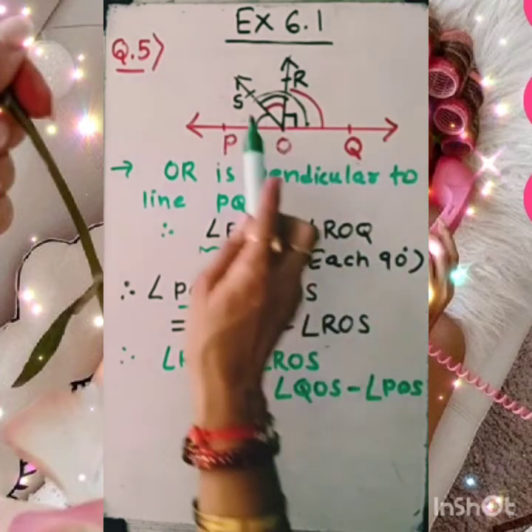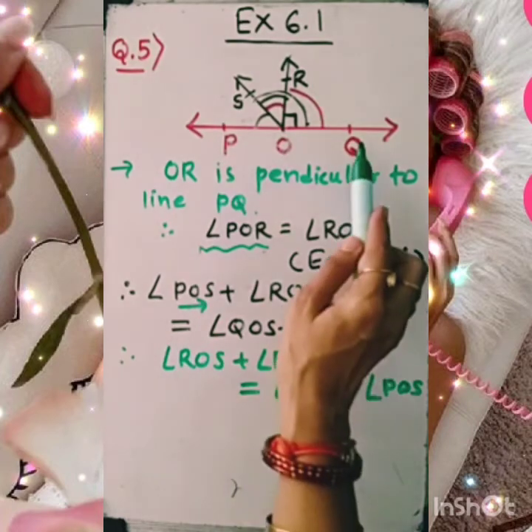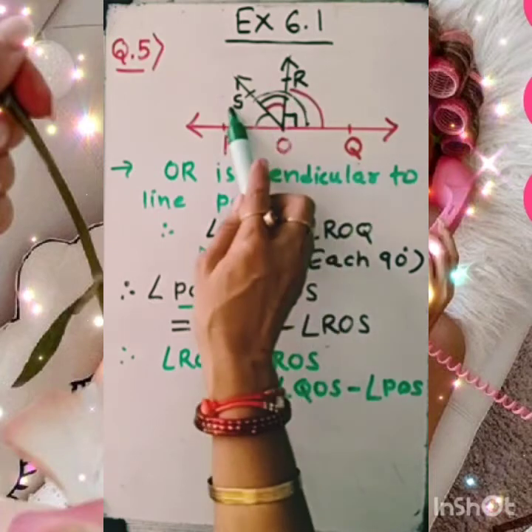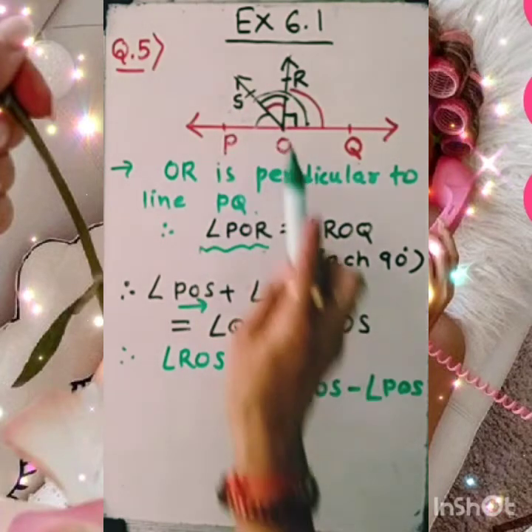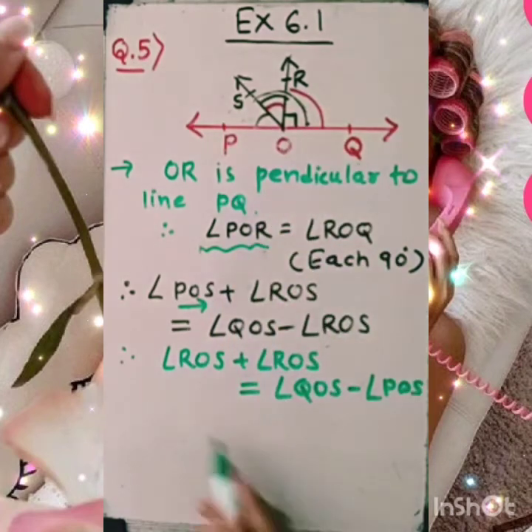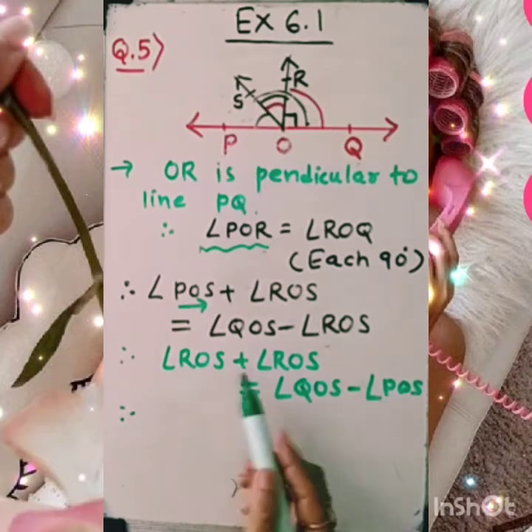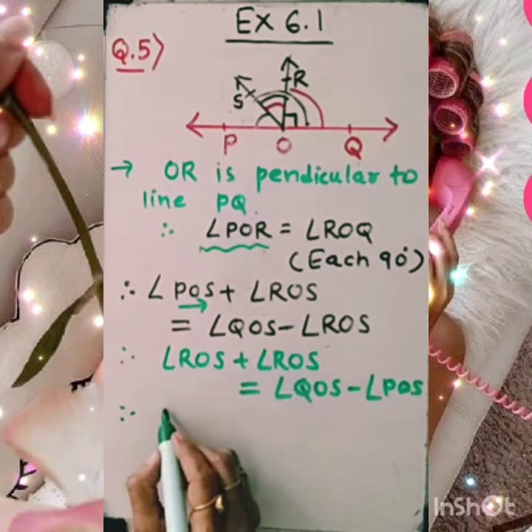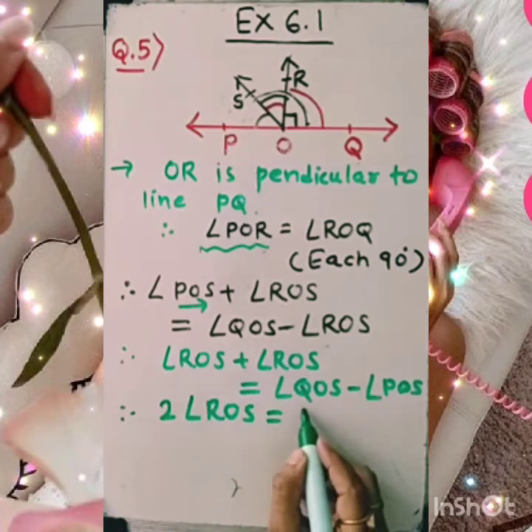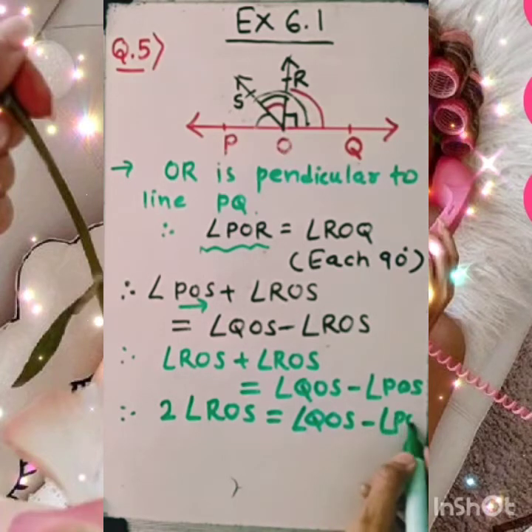If I have the full angle QOS minus ROS, we will have this much angle, that is ROQ. Got it? Now in the next step, I have transposed this to this side. So 2 angle ROS is equal to angle QOS minus angle POS.